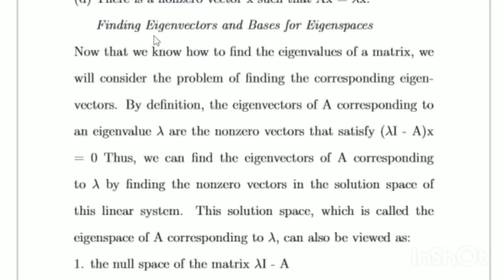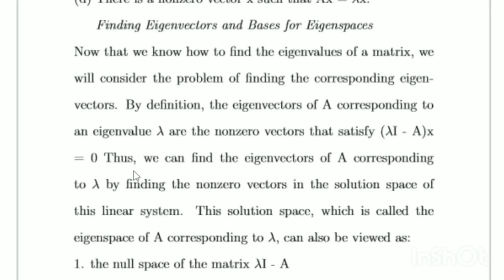Now, how to find eigenvectors from a given matrix, and what is an eigenspace? We know how to find the eigenvalues of a matrix now. The eigenvectors of A corresponding to an eigenvalue lambda are the non-zero vectors x satisfying lambda I minus A into x equal to 0.